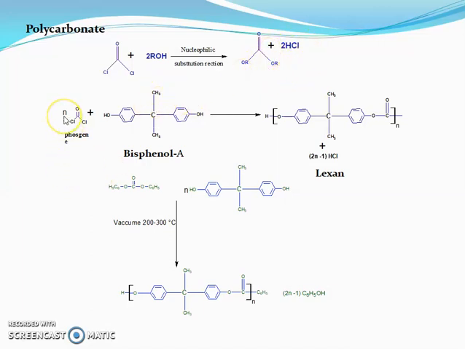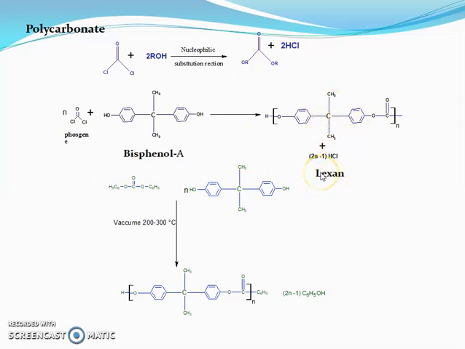So n molecules of phosgene can be treated with bisphenol A to get the product Lexan.